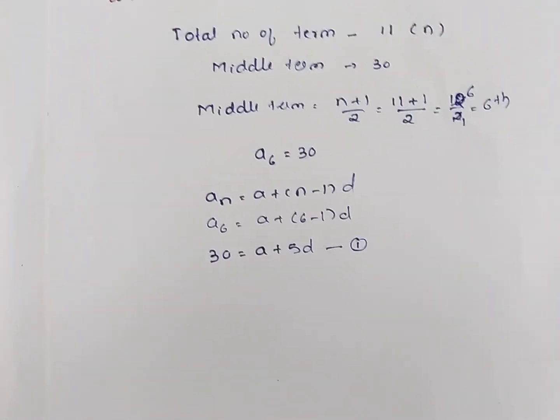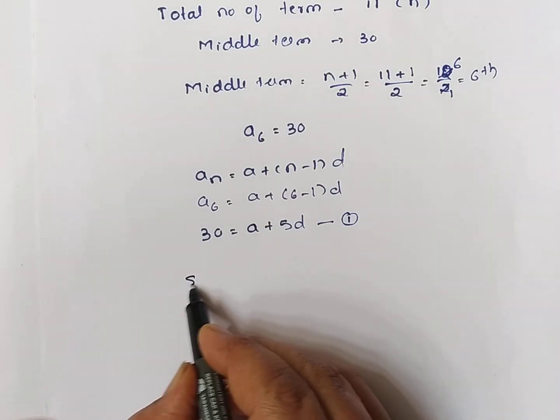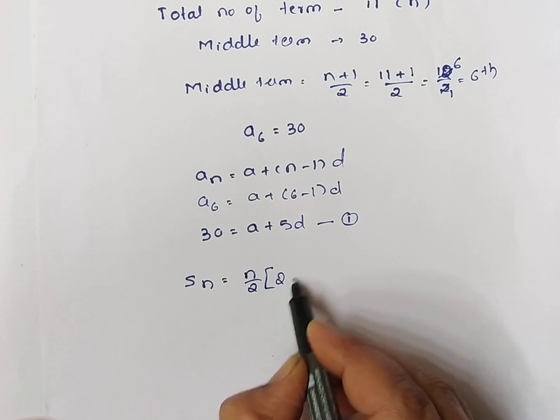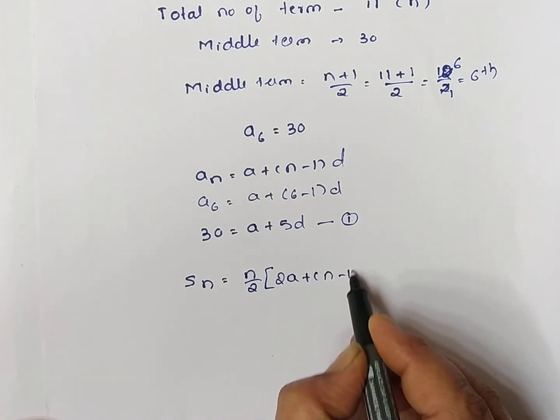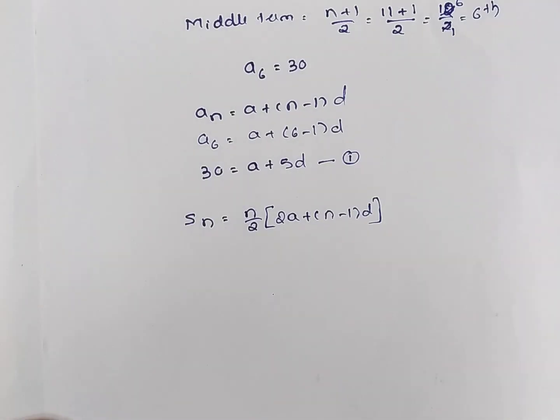Now we have to find the sum of 11 terms, that is Sn equals n by 2 into 2a plus n minus 1 into d. This is the formula for finding the sum of n terms.